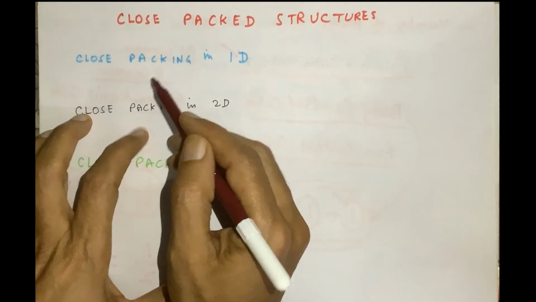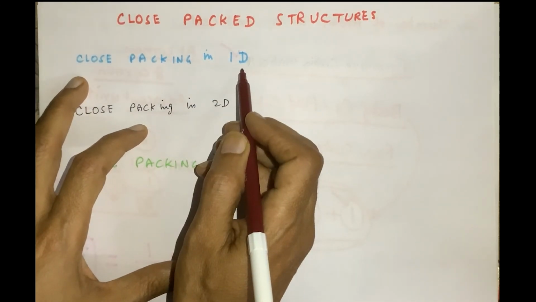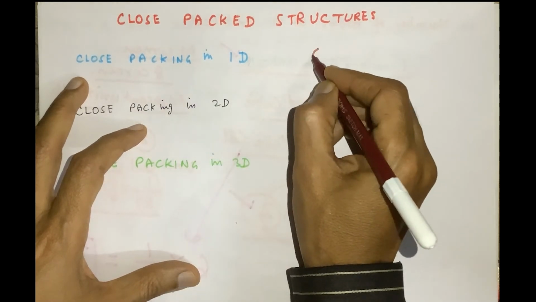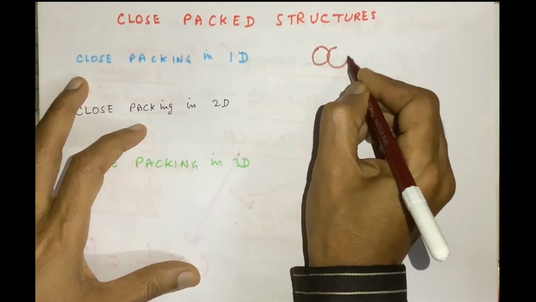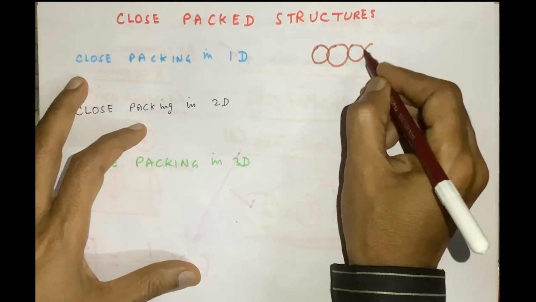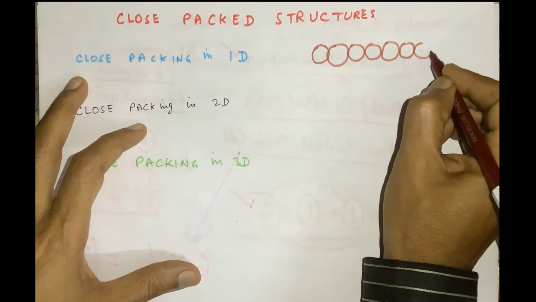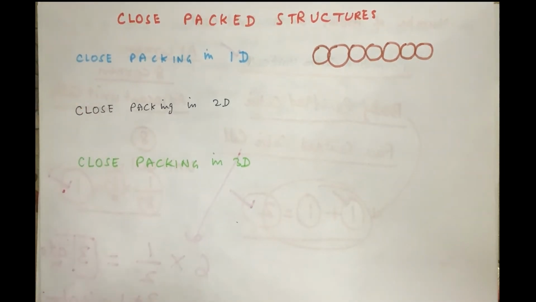Now we consider close packing of particles in one dimension. How can we draw? Suppose these are the particles. So this is in one dimension. They are touching each other at a point. So this is the arrangement by which these particles can occupy the minimum space, and minimum vacant space is left.